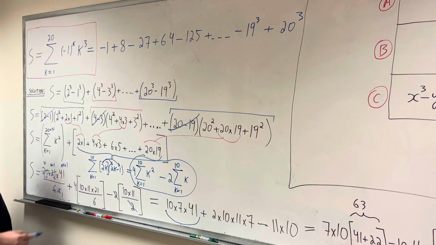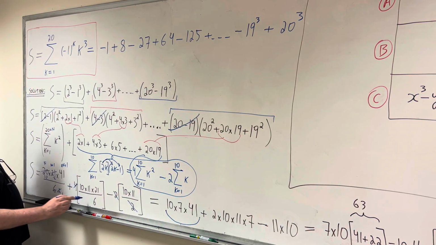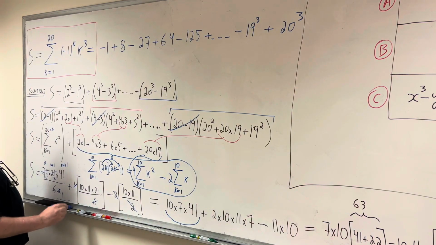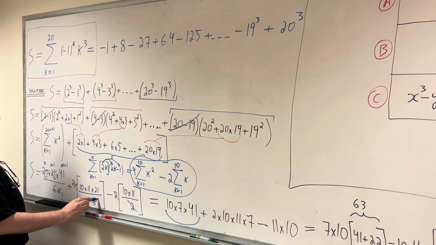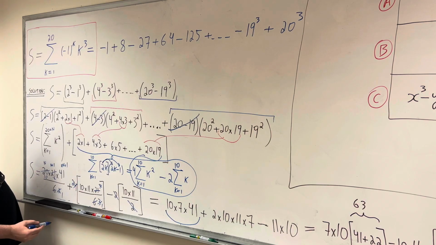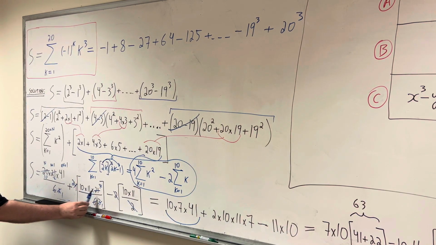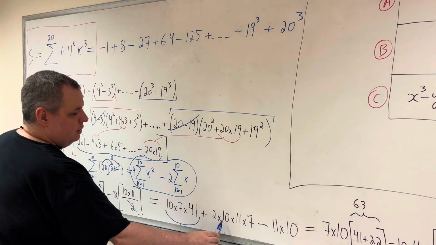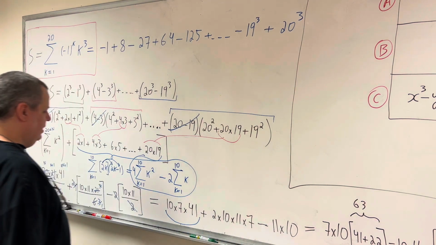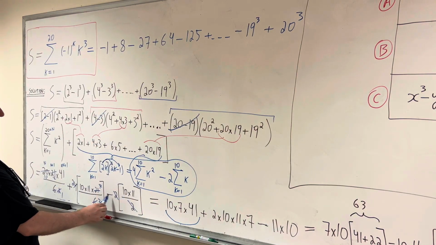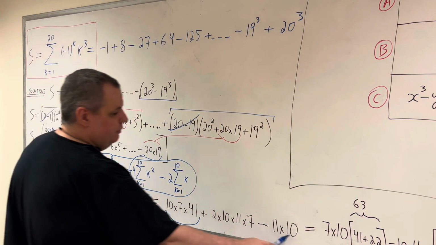For this term here, I can divide by 2 here. And I have a 3. The 21 and 3, this becomes a 7. So I have a factor of 2, 10, 11, and 7. And here I just have a factor, a negative 10 times 11.